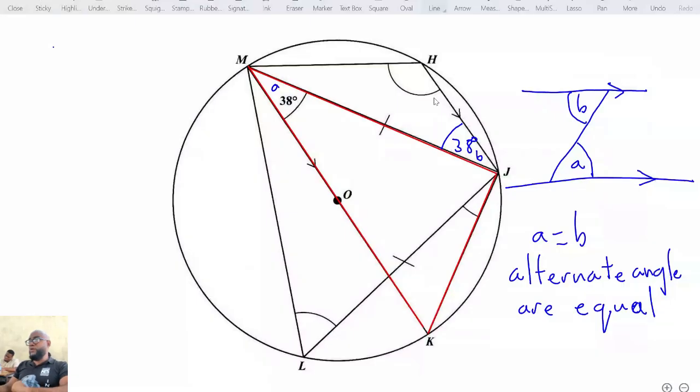It's basically when you have a diameter. The angle formed off the diameter is 90 degrees.